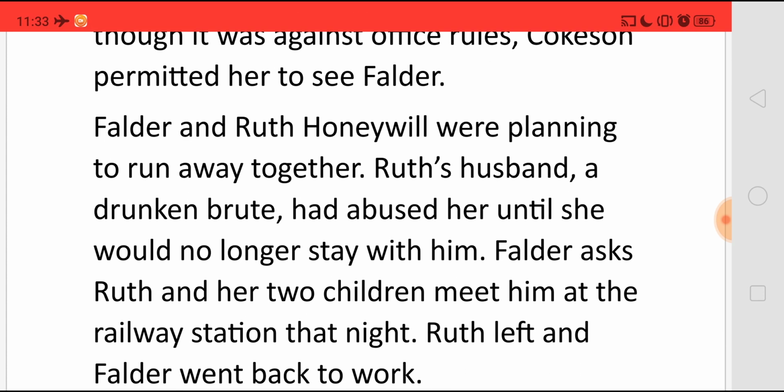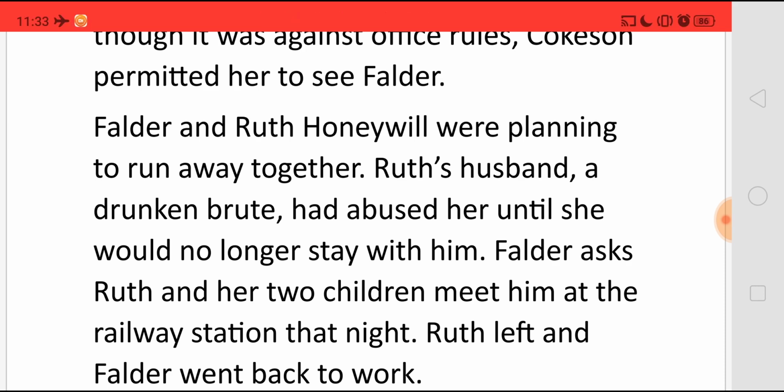Now we come to know that Falder and Ruth Honeywell are lovers, and Ruth is already married and has two children, but she is harassed by her drunken, brutal husband. And Falder is seriously in love with her, even though he is much younger than her. Now she comes and says that the torture done by her husband is too great, that he has come to actually cut her neck.